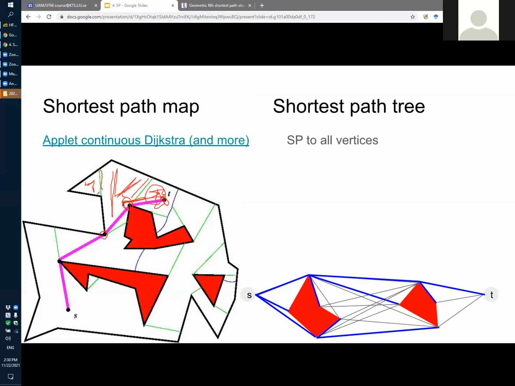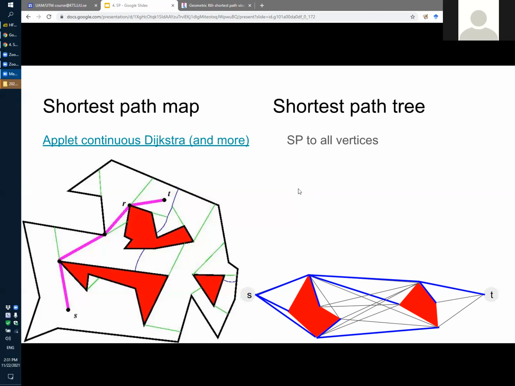Anywhere in this cell, this vertex is the last vertex, and so on. So altogether, the whole domain is split into cells, and the cells differ in the last vertex of the shortest path before reaching a point in the cell. And overall, they give you the shortest path map.